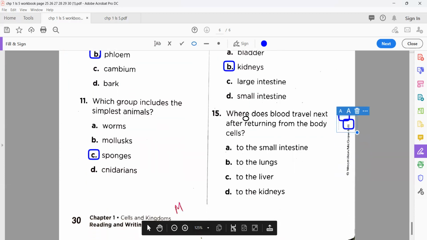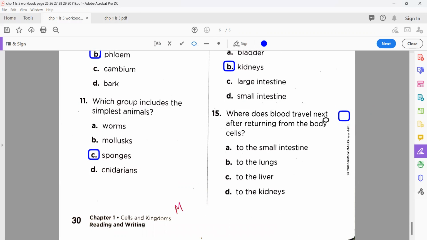Number 15, the last one. Where does blood travel next after returning from the body cells? First it moves from the heart to the body, then it comes back.